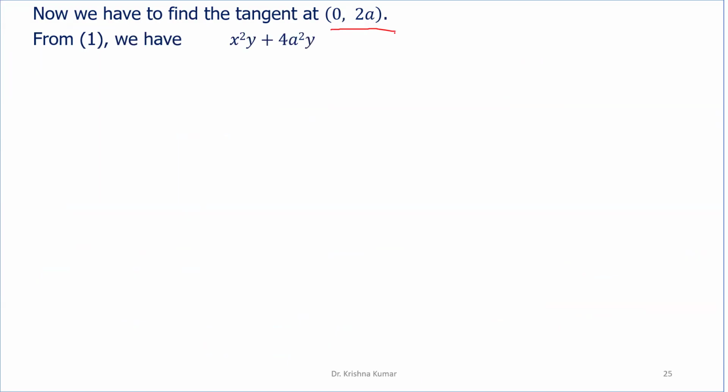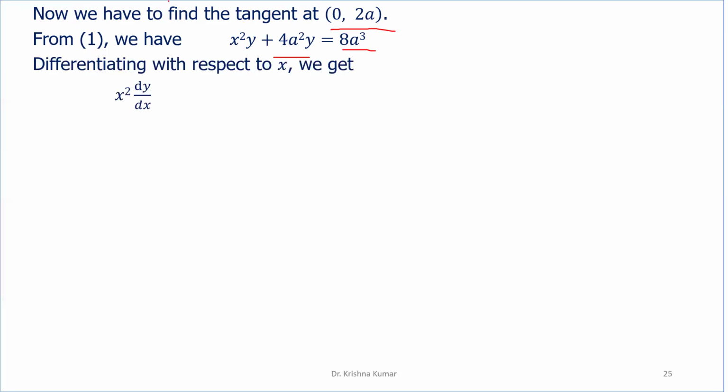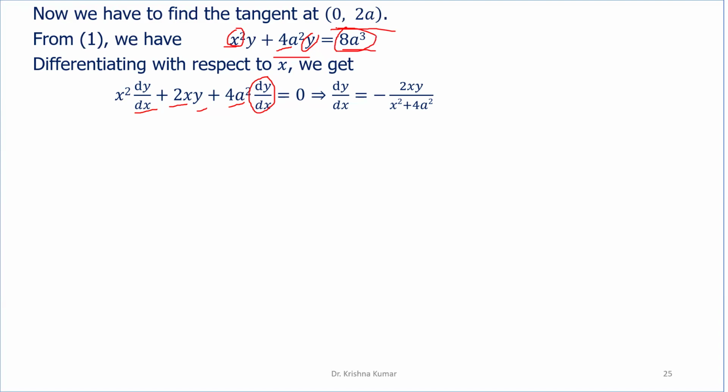We have equation number 1, x²y + 4a²y equal to 8a³. So let us differentiate with respect to x. We get x² times dy/dx, plus the derivative of x², which is 2x, into y, plus 4a² times dy/dx, which is equal to 0, because the right side is constant and the derivative of a constant is 0.